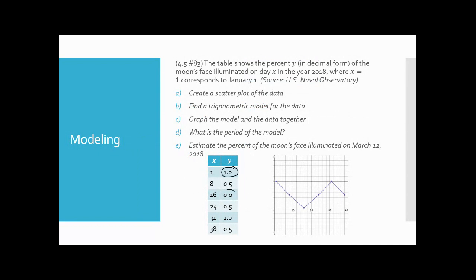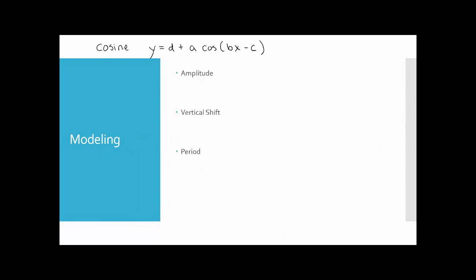You can see that from the table, and also on the chart. So the amplitude is half the distance between there. It's pretty easy to figure out when you're just looking at 0 and 1, but I am going to go through all the steps and actually show the math so that if you have something that's not at easy values like that, you still know what you need to do.